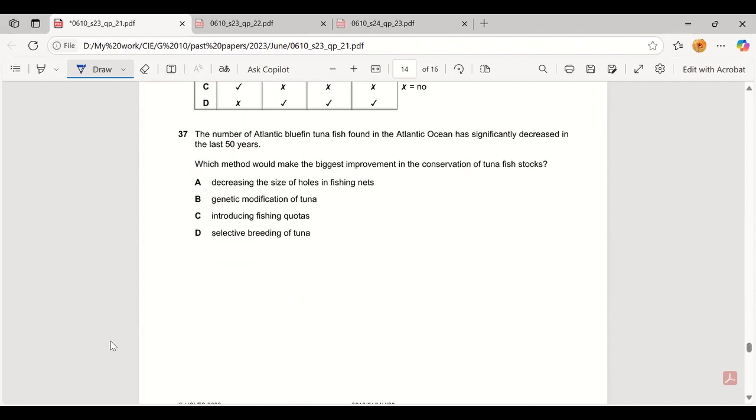The number of Atlantic bluefin tuna fish found in the Atlantic Ocean has significantly decreased in the last 50 years. Which method would make the biggest improvement in the conservation of tuna fish stocks? Anud.